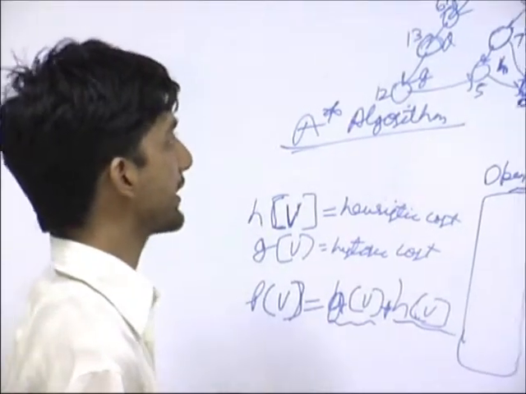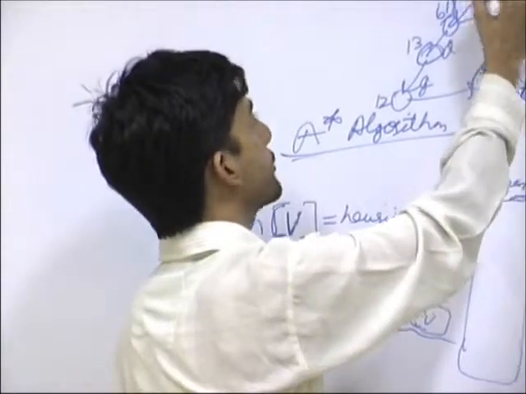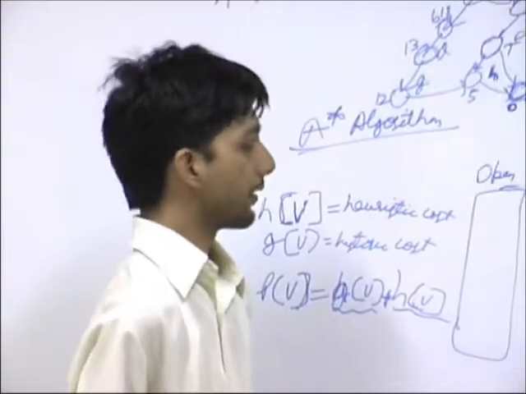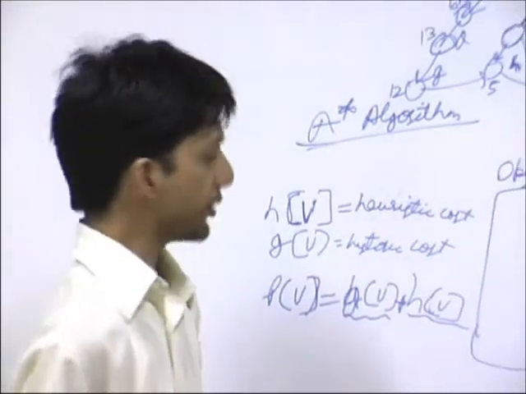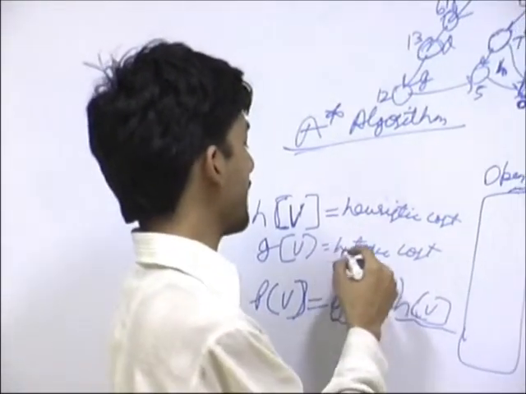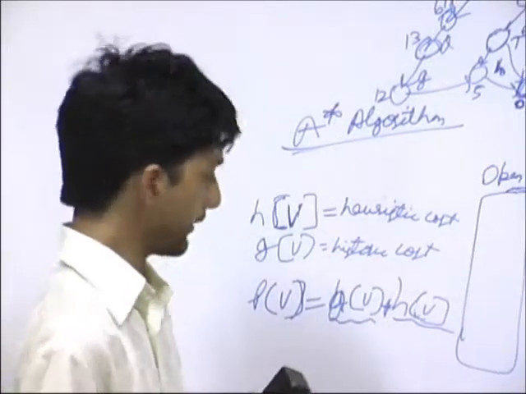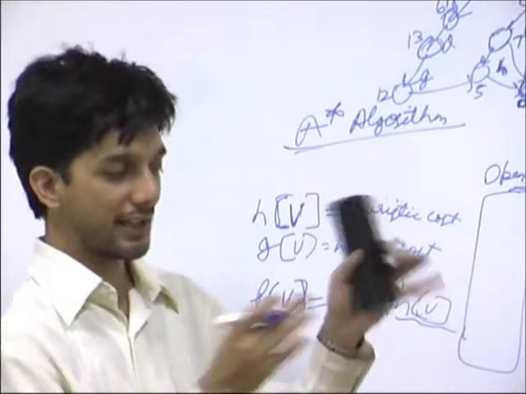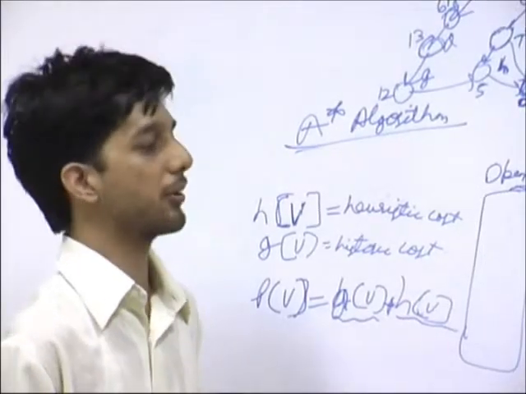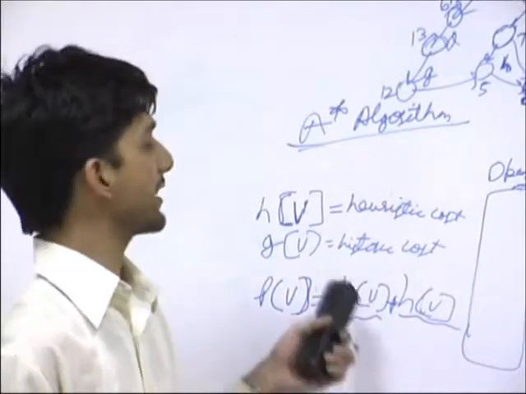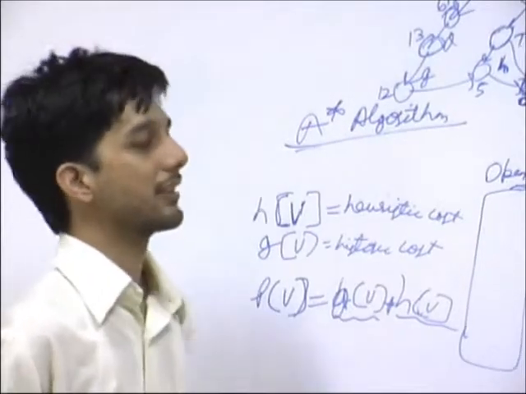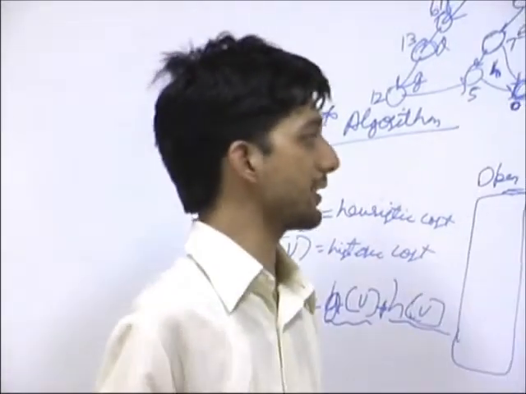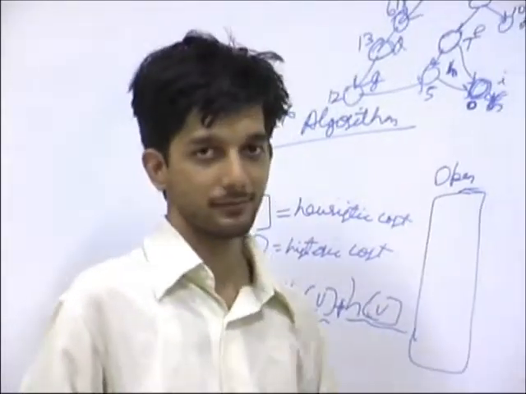So first let me start off with the source over here. Initially all the historic costs are assumed to be infinity. That is what happened in the breadth-first search, where these things were stored inside the vertex. Here nothing is stored inside the vertex, they are stored in this kind of list.